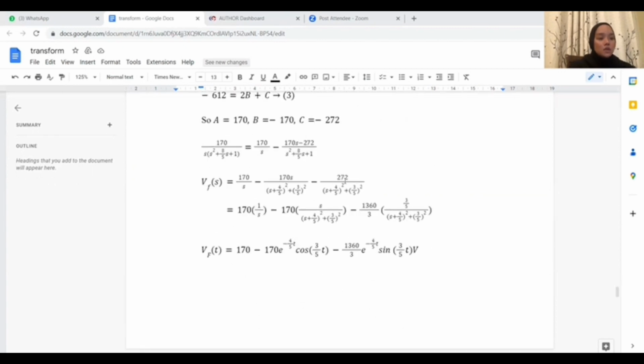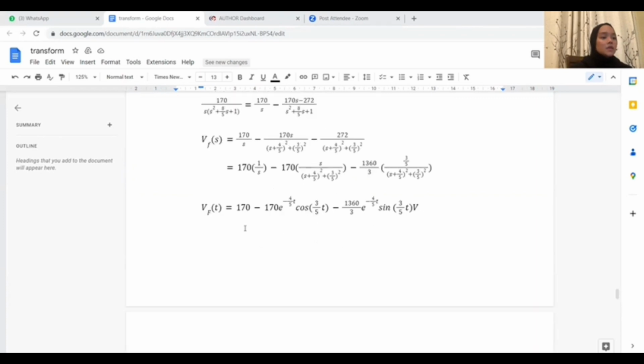So we substitute the values into our fraction. Therefore, we get our VF in the s domain form. So in order to get our final answer, we transform VF in the s domain to the time domain, and we will get this answer. So this is our final answer.